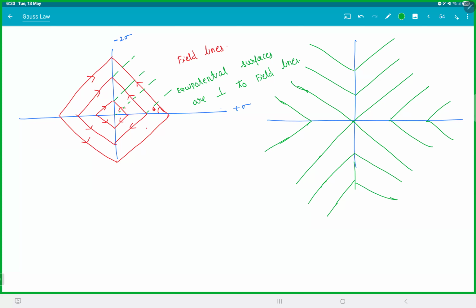Is that making sense, everyone? If I draw the green lines here, you can clearly see. So for the red lines, draw the perpendiculars, and this is how it looks. Sure?